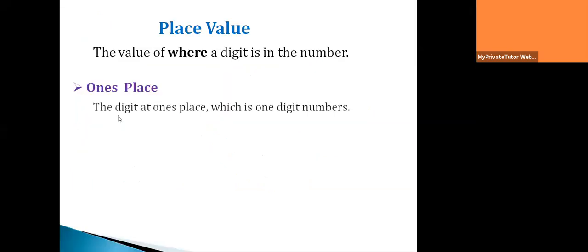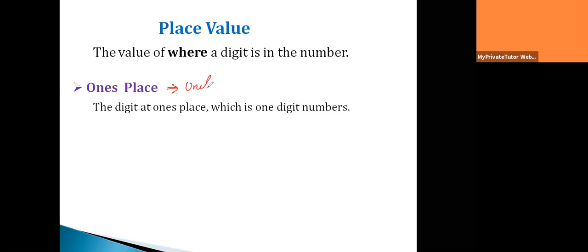Just take a look at this. The digit at ones place is a one-digit number. Ones place is also called units place. Please try to remember this. Ones place, which is the last digit in the number, is also called units place.